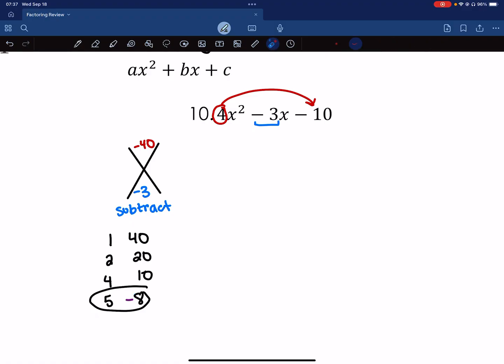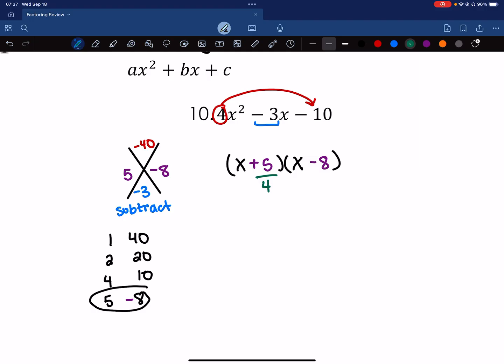My bigger number is always this sign right here. So we have 5 and -8. So we have x and x plus 5 minus 8, but we're not done because we got to do the divide part.